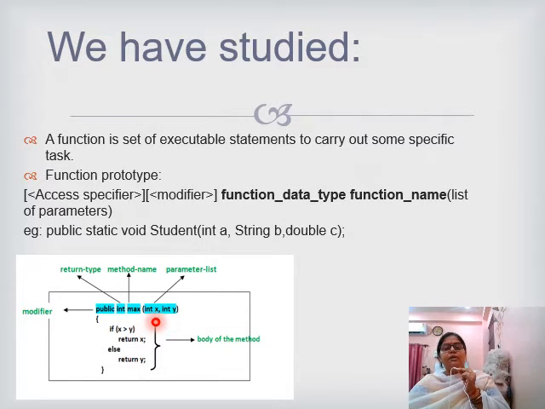In the parameter list, we write int x, int y. Previously you were used to writing int x, y, but while writing arguments in the parameter list, we have to write the data type in front of each variable: int x, int y. In this parameter list also, see int a, String b, double c.